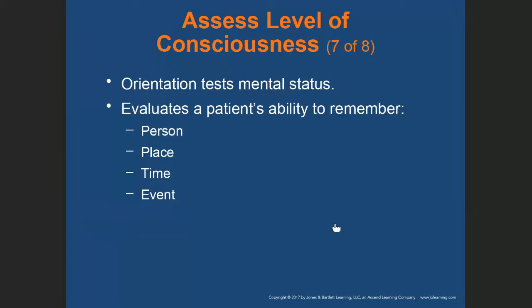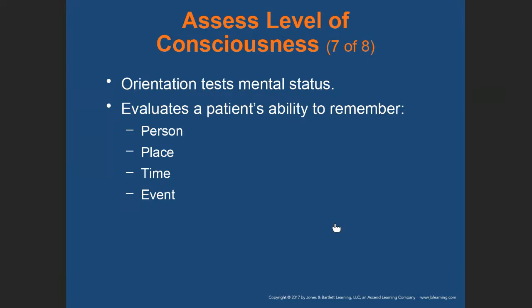So assess the level of consciousness. Orientation. The orientation tests the patient's mental status. So you're evaluating the patient's ability to remember who they are, where they are, what time of day it is, which day it is, which year, and what exactly has occurred.